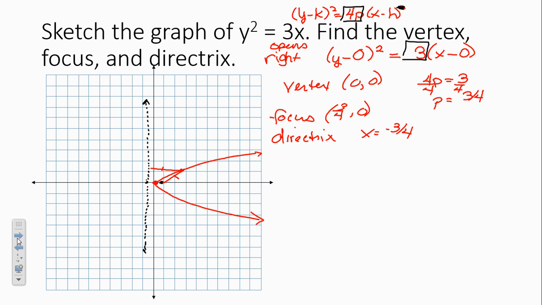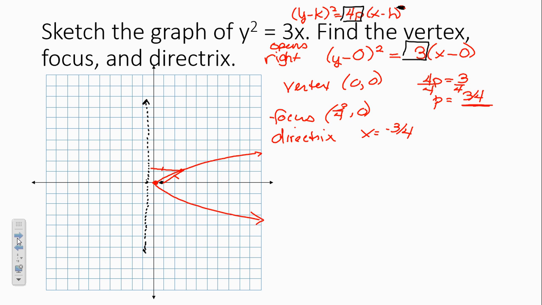Okay, so the directrix is going to be exactly the same distance away from the vertex as the focus was. So when we found out that we needed to move 3/4 of a unit away from the vertex to find our focus, we moved 3/4 of a unit away from the vertex to find the directrix. A lot easier than worrying about formulas and memorizing. And then it's just a line. Other questions about this slide?